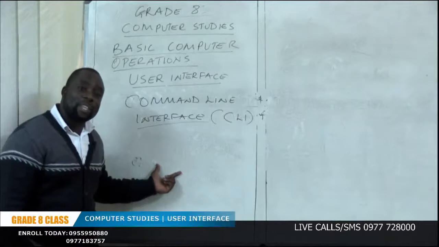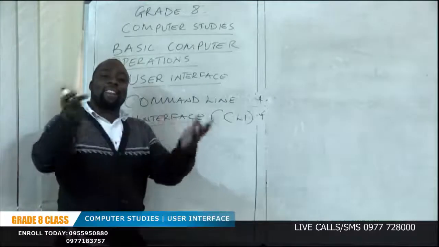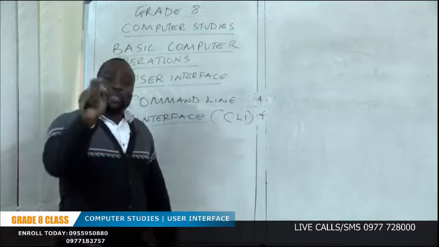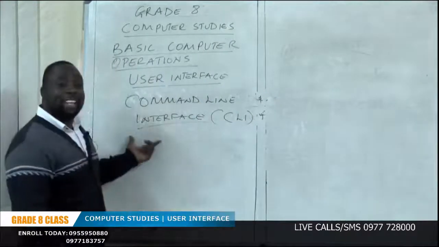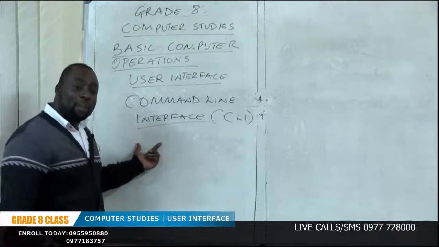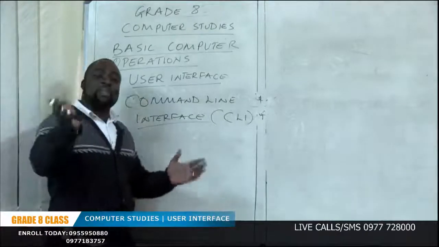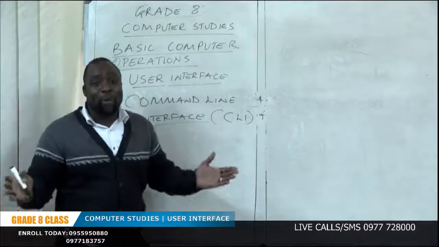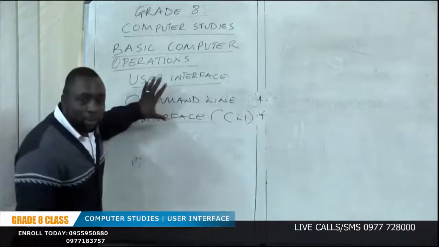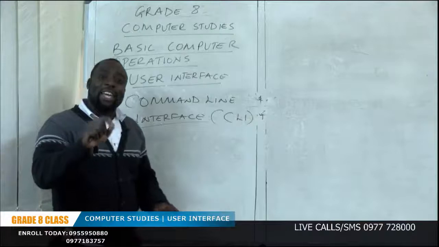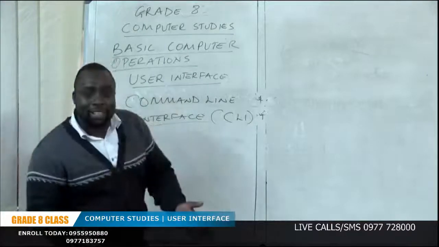Are we together? Those that are viewing this lesson using a computer, you can view a command line actually on your laptop. Those that are viewing using a phone, when you get back home, you can switch on your computer and also view the command line interface by going to the Start button.